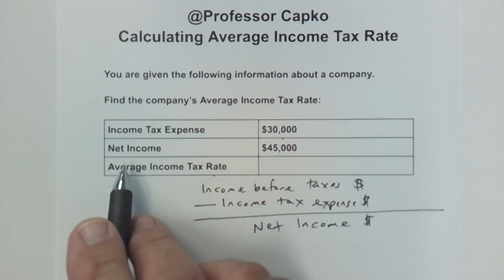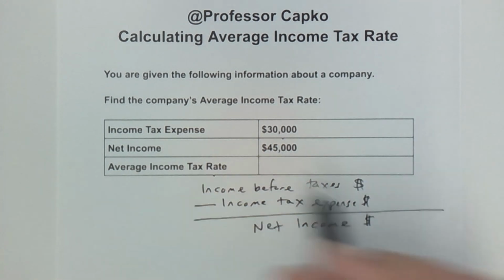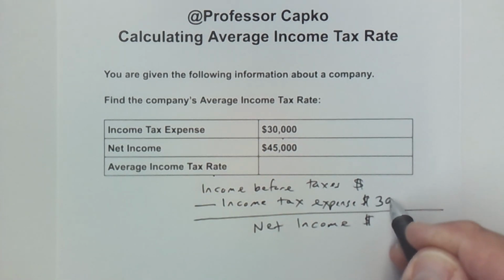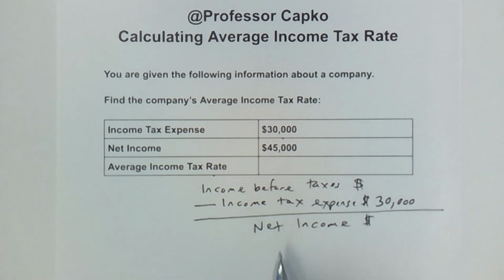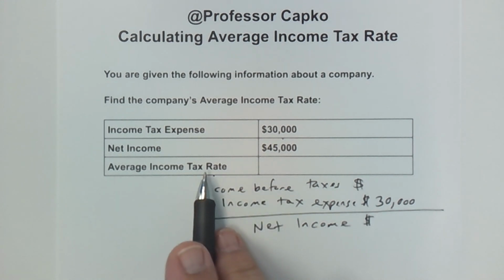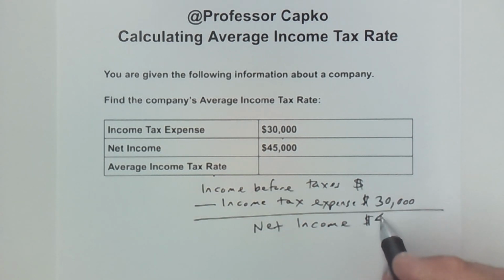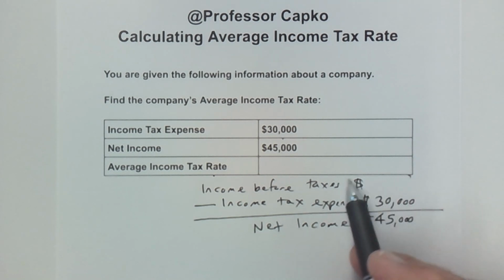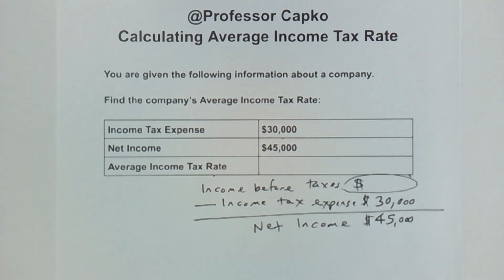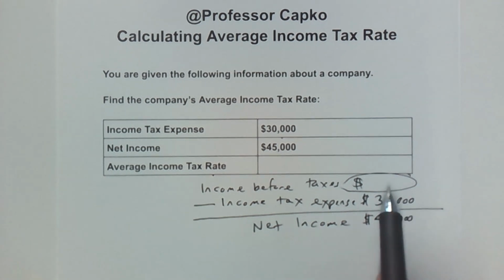In our example, the only things we know is the income tax expense. We know that's 30,000. And we know that the net income is 45,000. What we need here, first of all, to figure this out is the net income before taxes.